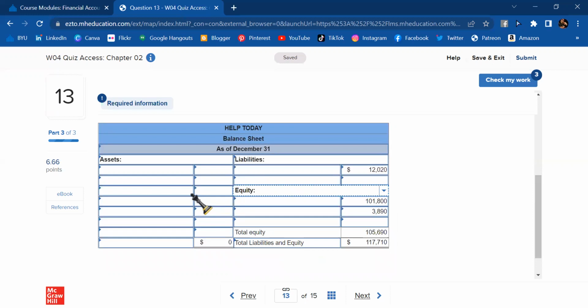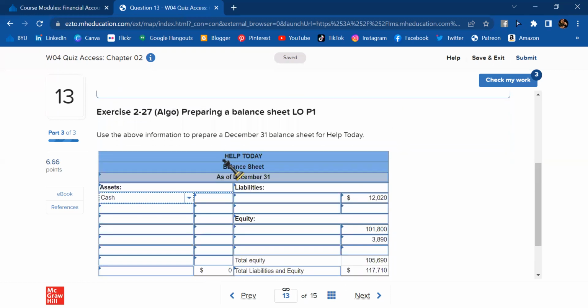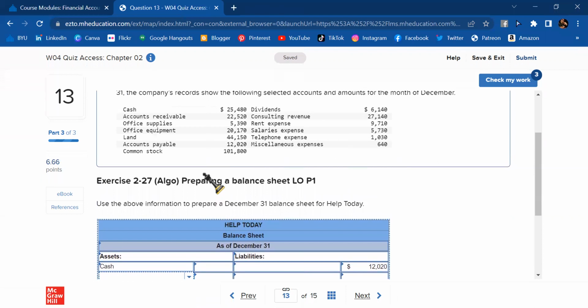Our first asset is going to be cash, and then we've got accounts receivable, office supplies, office equipment, and land.